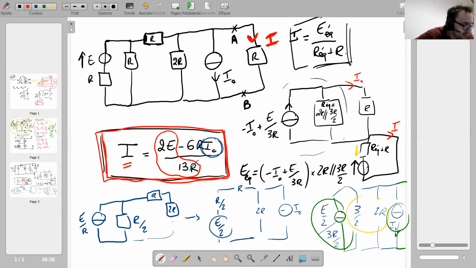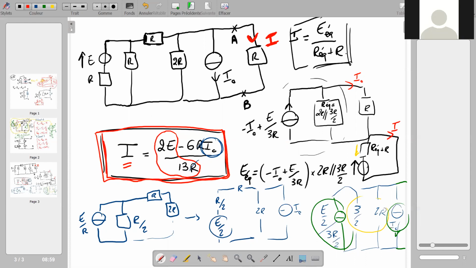Does everyone know how to handle this circuit, or are some of you blocked even from the beginning, not really knowing how to treat this problem? Yeah, I'm lost. Okay, so which method did you pick? Well, I tried to simplify the resistors and use Thevenin. Okay, so from the beginning you were trying to simplify.